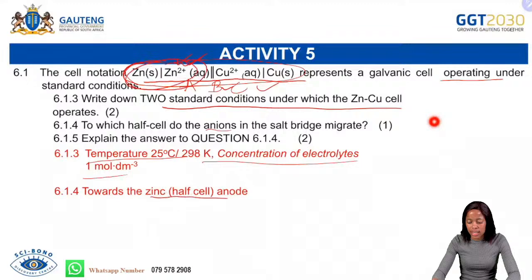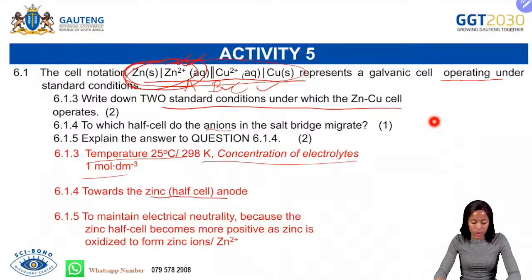And then why does that happen? It says explain the answer to question 6.1.4. So you need to speak about the function of the salt bridge. Why do we have the movement of those ions? It is to maintain electrical neutrality. Remember, in the anode compartment there's going to be a buildup of positive charges.